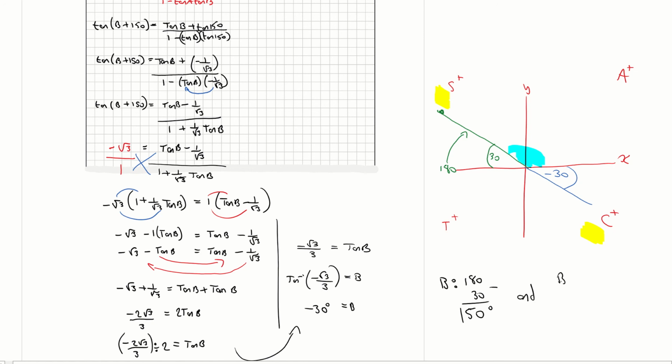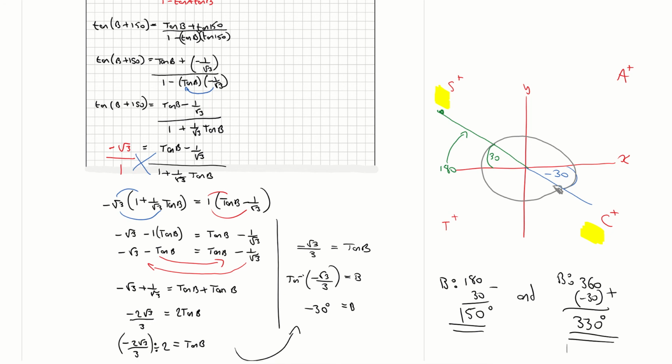And I could also have the angle where I am, the negative 30. But if I just add on a full rotation, 360 degrees brings me to here. So if I go 360 plus negative 30, or just 360 minus 30, which brings me to 330 degrees. So they're my two values for b, 150 degrees and 330 degrees.